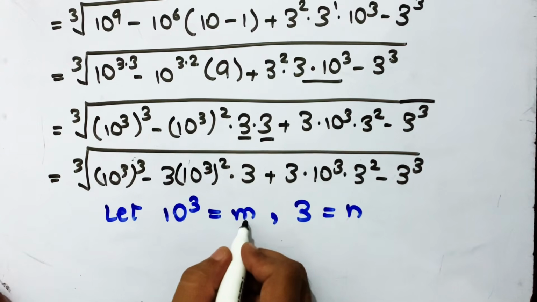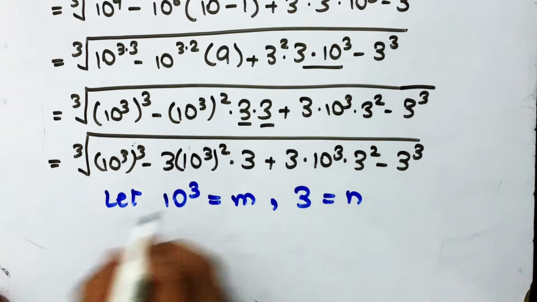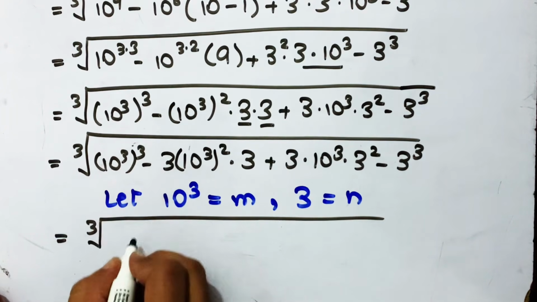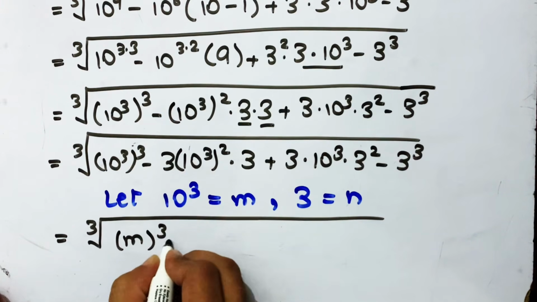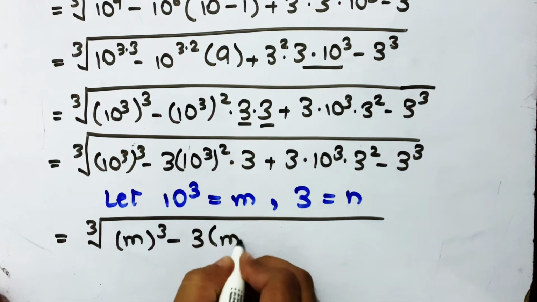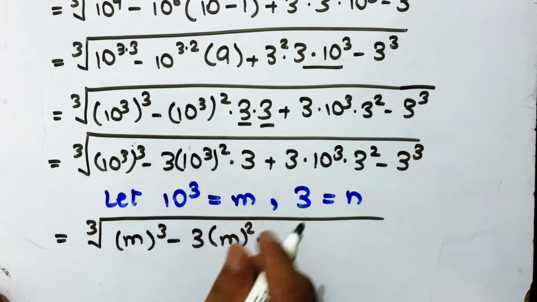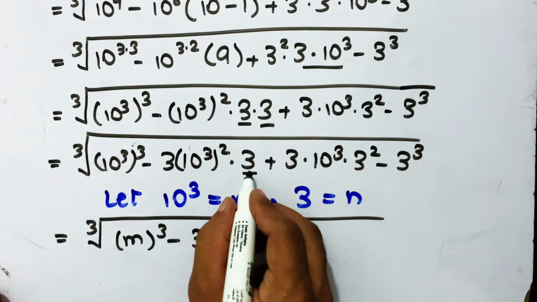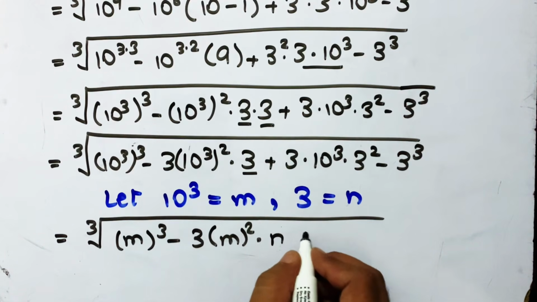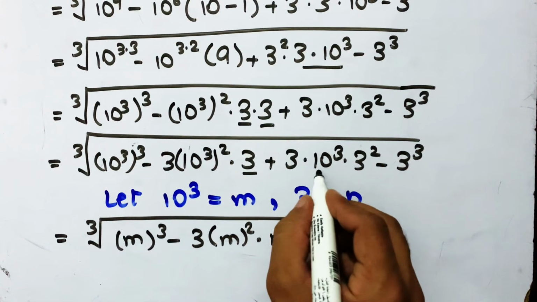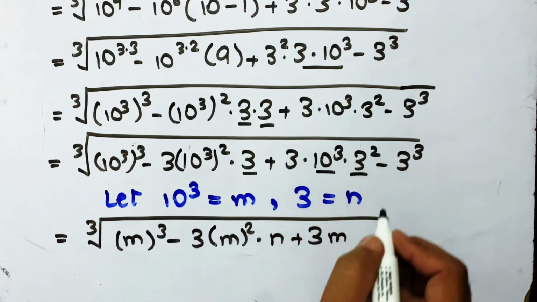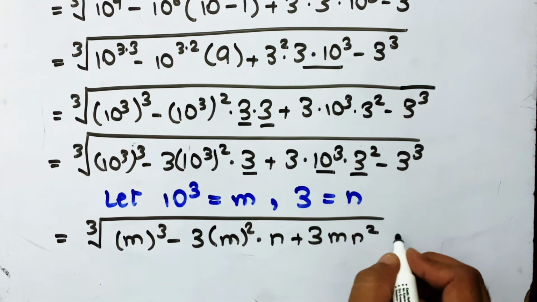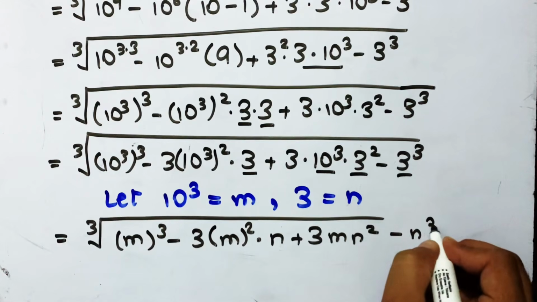Replacing these, our equation is m cubed minus 3 m squared n, plus 3 m n squared, minus n cubed.